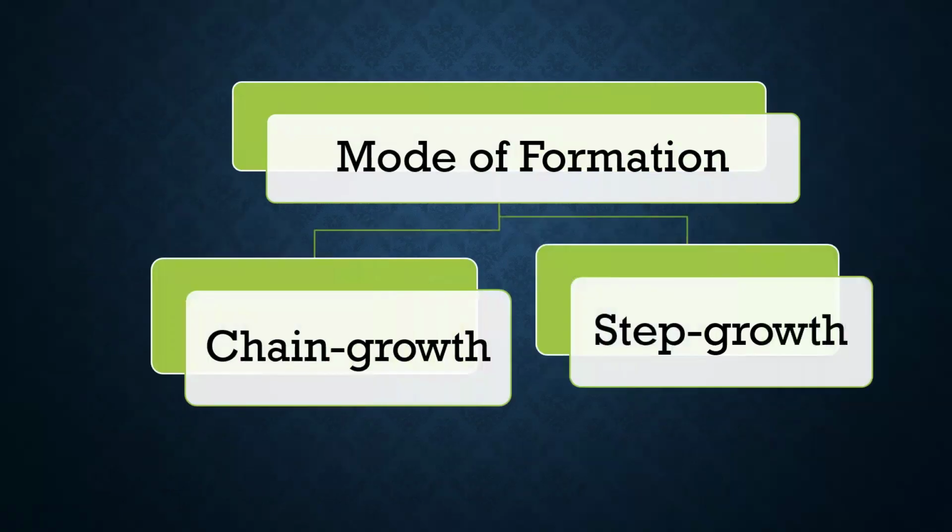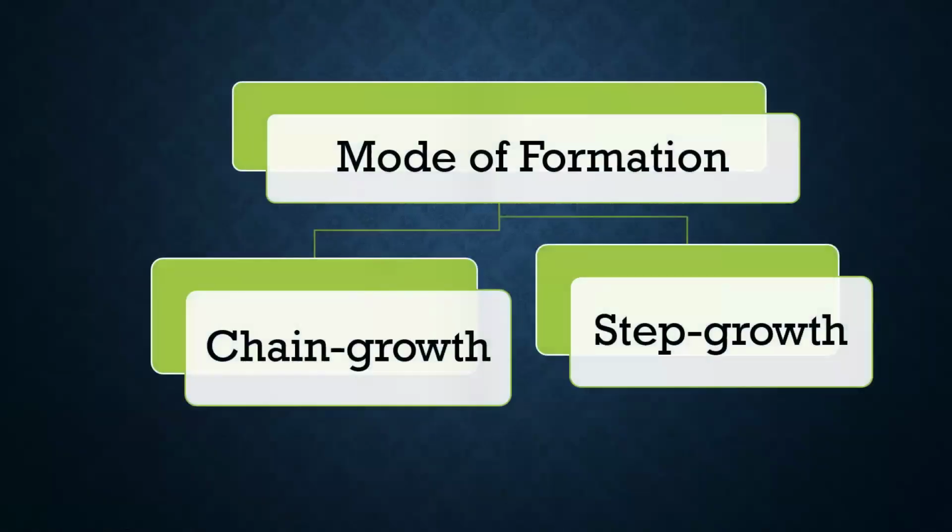The mode of formation classification, depending on the mode of formation or the mechanism of reaction, we have a chain growth and a step growth reaction. A chain growth is a way of addition polymerization where every monomer is added in sequence to the other to form a long chain.